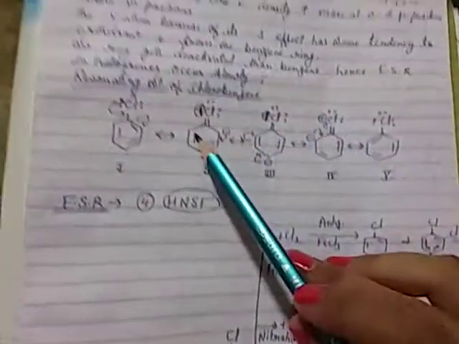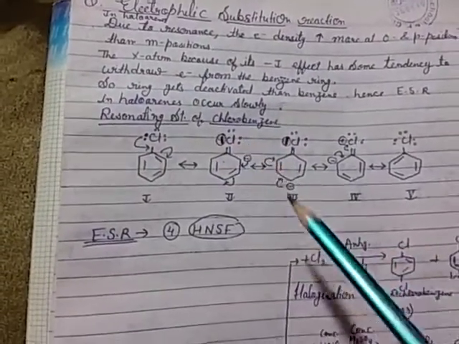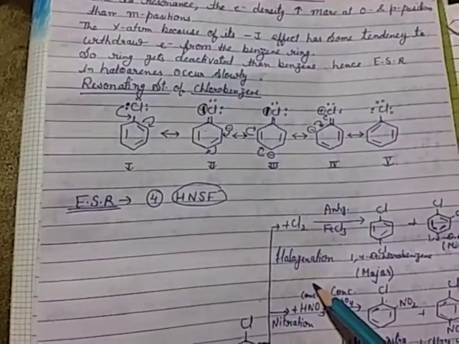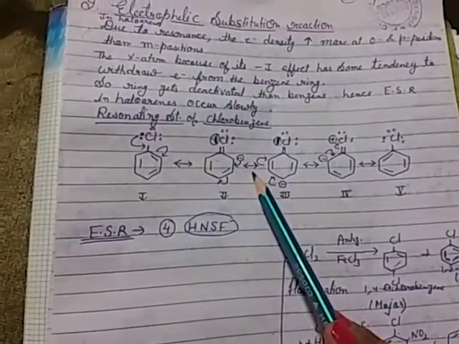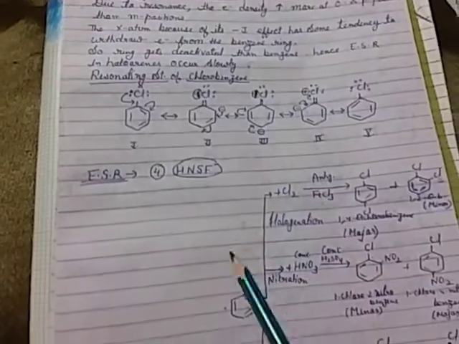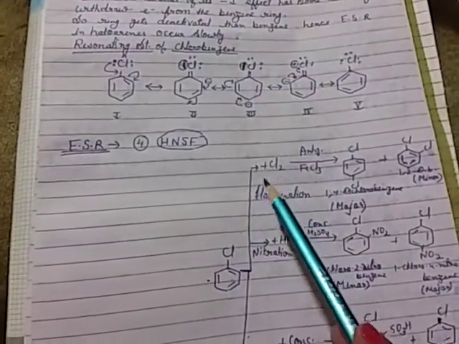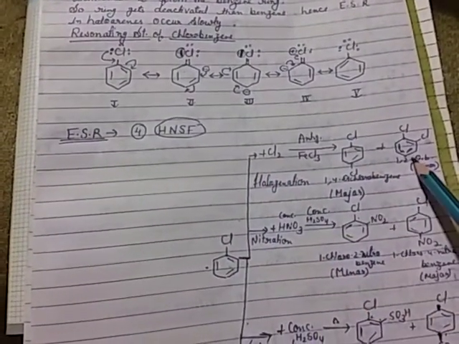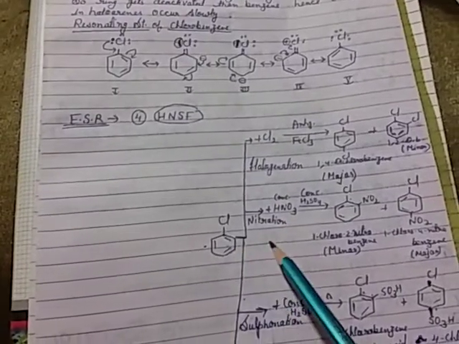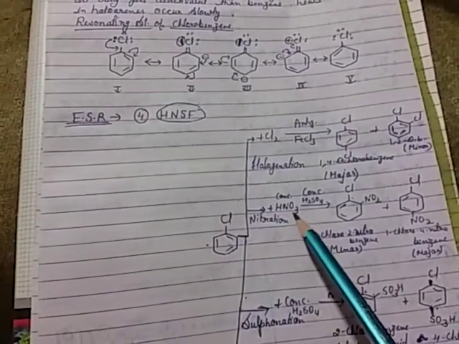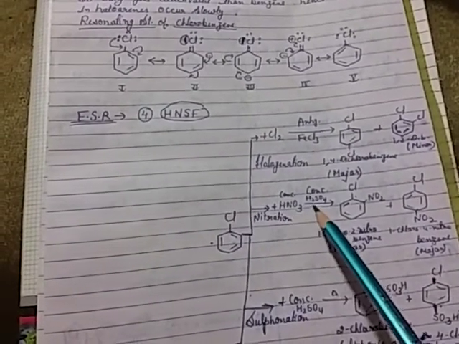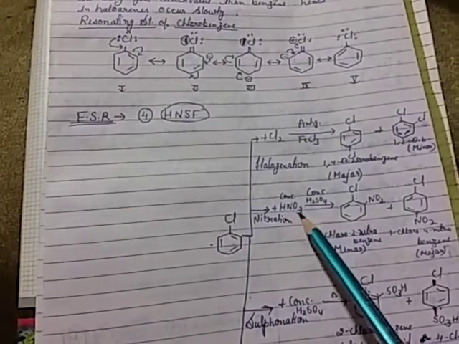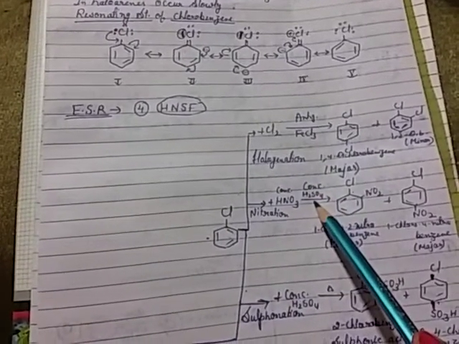So electrophilic substitution reaction, first is halogenation. First you explain the resonating structures of chlorobenzene, then halogenation, so chlorine attaches at the ortho and para positions. Then second one, nitration, reacting with HNO3 in the presence of sulfuric acid.